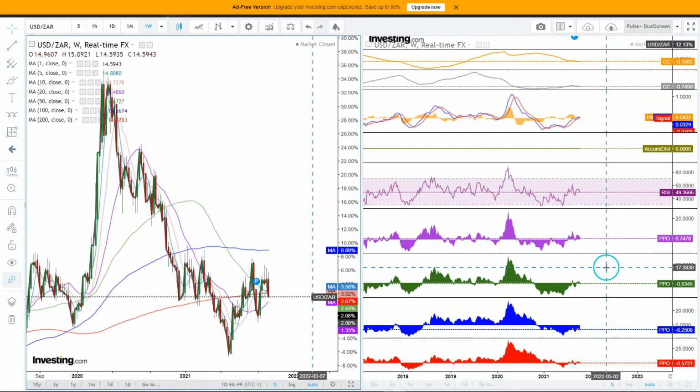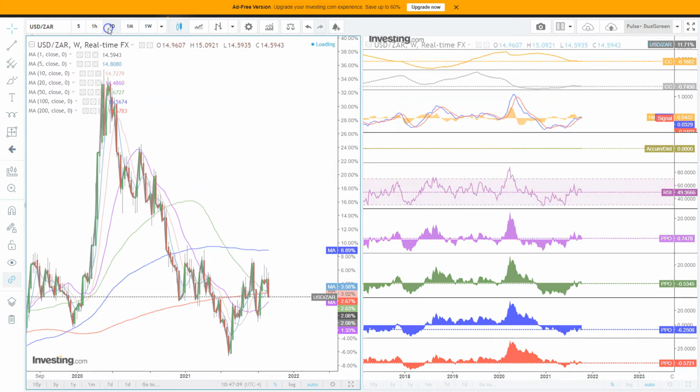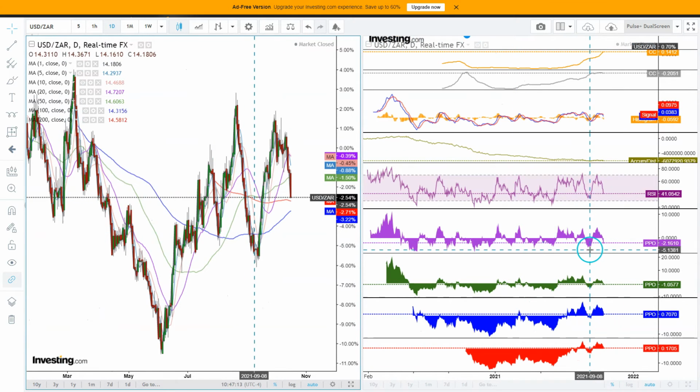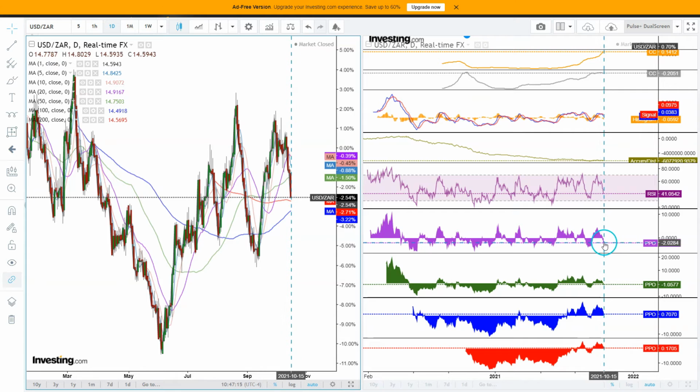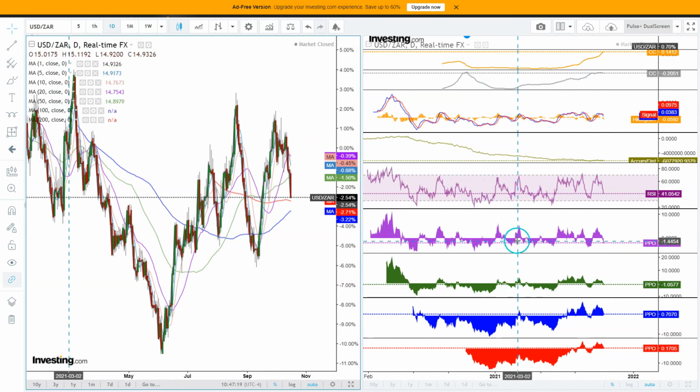Nothing that really jumps at me here in particular when it comes to these indicators. On these weekly data points, we have a bit of a bullish MACD, about to get above that 0 line, which is interpreted as bullish. Here on the daily data points, the distance from the purple 20-day moving average is at a level that has a tendency to produce some rallies.